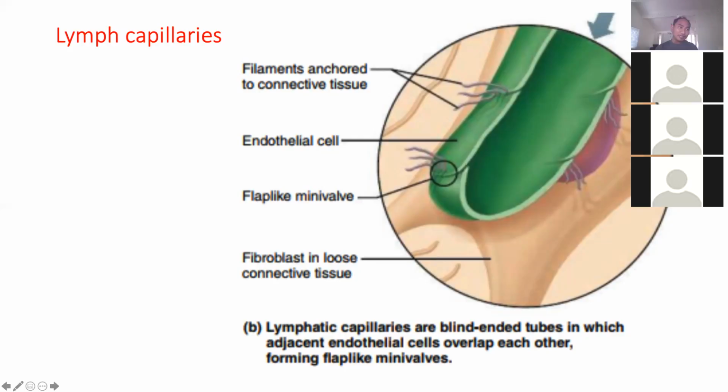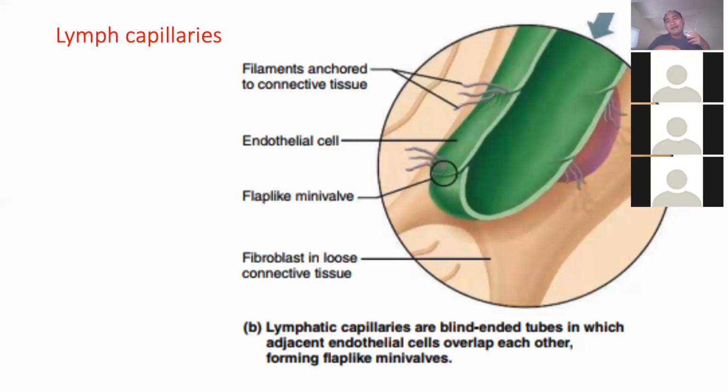So if we look at this diagram, you can see a flat green cell. What is this cell going to be? Of course, it is going to be a squamous epithelium, flat cell. But it is in a lymphatic vessel, so we get a little bit posh name, endothelial cell.